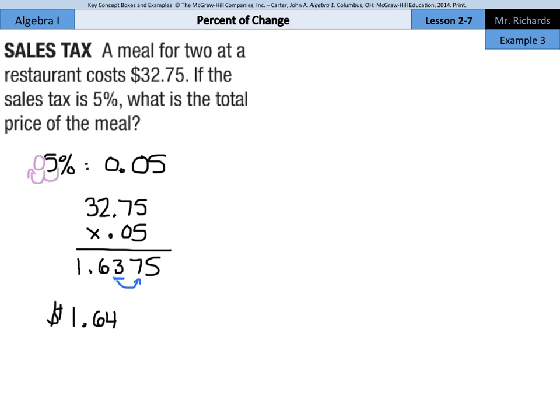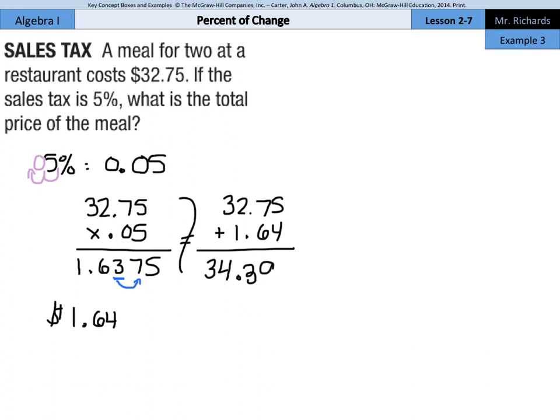Now, that's the taxed amount. We're looking for the total cost. And so to find the total cost, take your $32.75, add in your $1.64 to get a total price of $34.39.